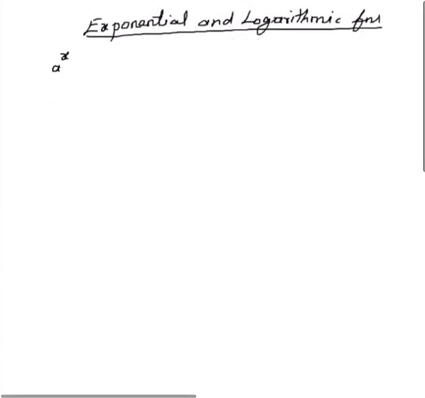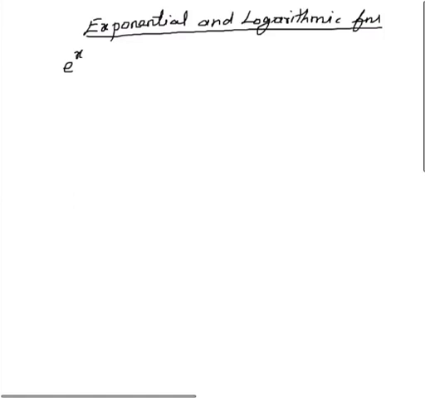Let us learn about exponential and logarithmic functions, the supplementary portion of the Limits and Derivatives chapter. Any constant raised to a variable is called an exponential function. And here we are going to use e power x. E is a constant, an irrational number called Euler's number.